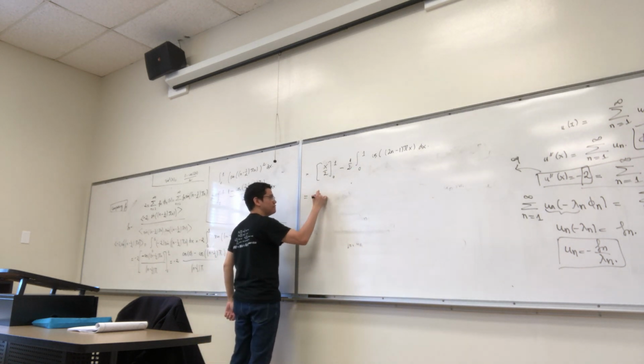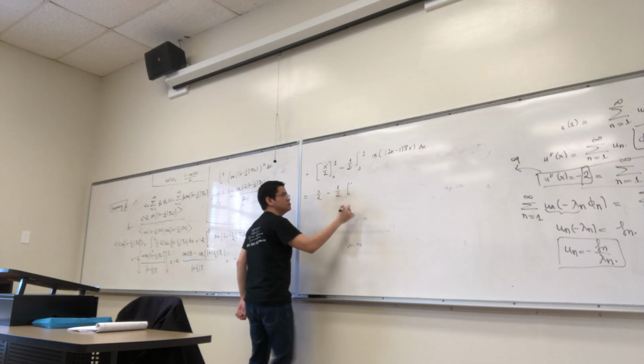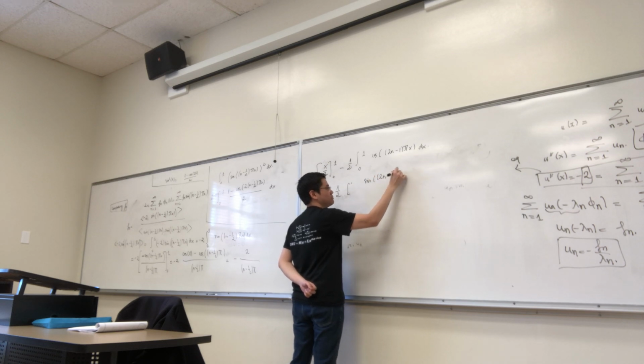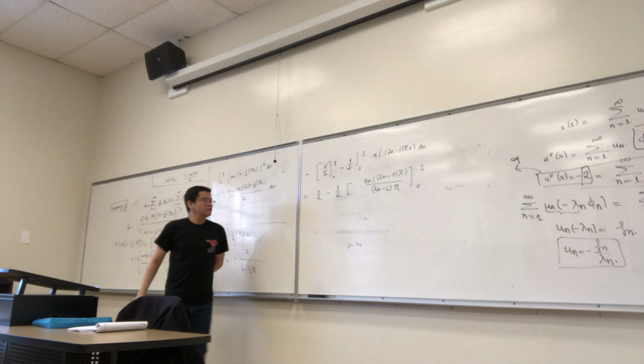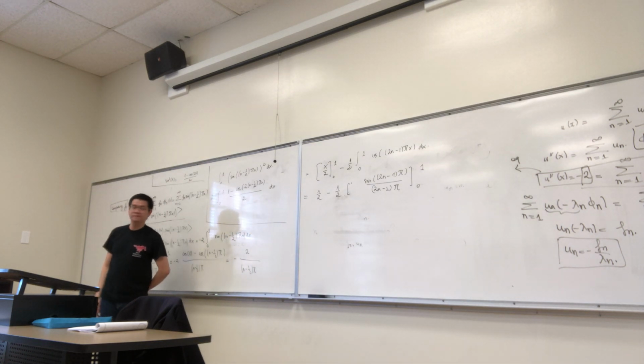So this gives me 1/2. This gives me 1 over 2 of sinus of (2n minus 1) pi divided by (2n minus 1) pi, from 0 to 1. All right? It's clear?